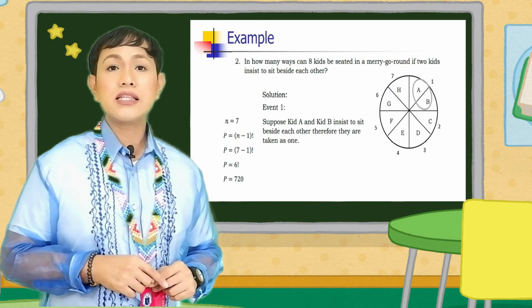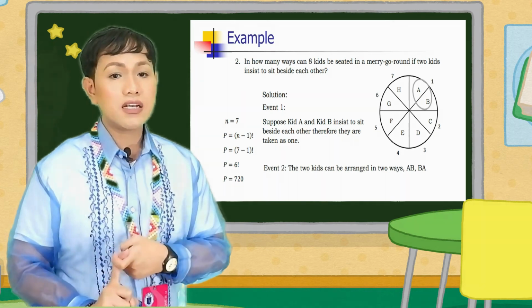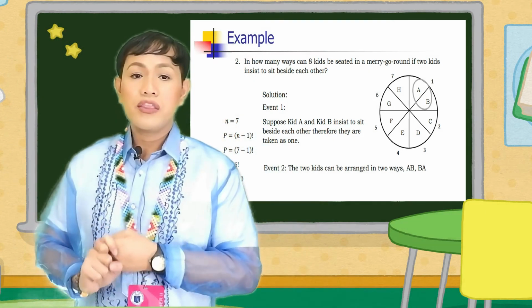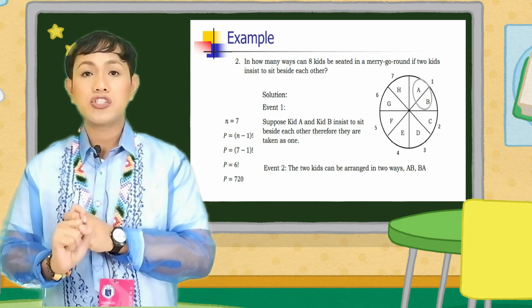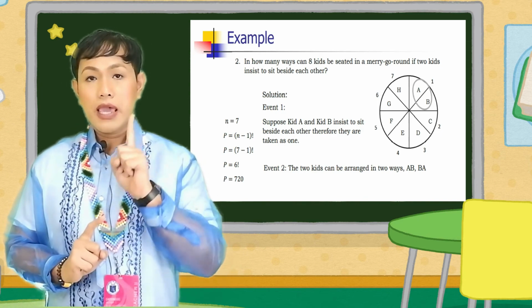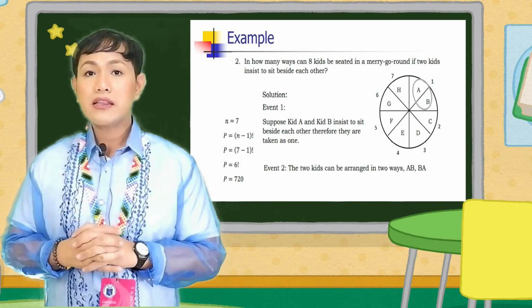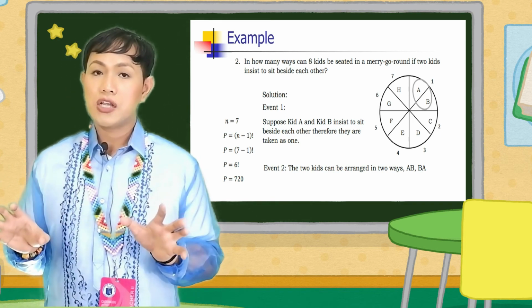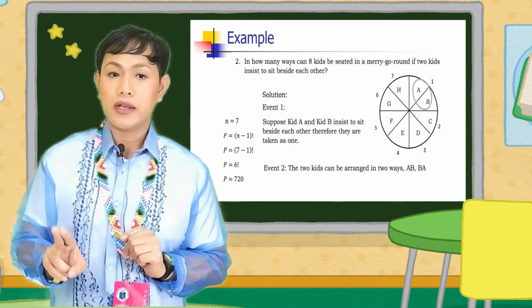But that isn't the correct answer yet. We have another event 2 to consider. Event 2 this time would mean that the two kids can actually be arranged in two ways. AB or BA. Right? Because they can interchange seats with each other, although they are taken as one.